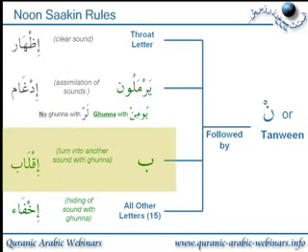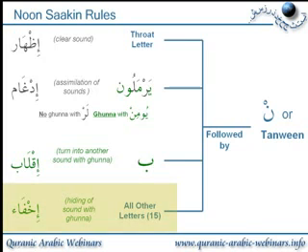If noon sakin or tanween is followed by the letter ba, we do iqlab, which is turning the sound of the noon sakin into another sound, which in this case will be the mim sakin. And all other letters, i.e. 15 of them, if they follow noon sakin or tanween, we do ikhfa, which is hiding of the noon sakin sound with the ghunna, which effectively is making sure that you're getting ready for the articulation point of the next letter.